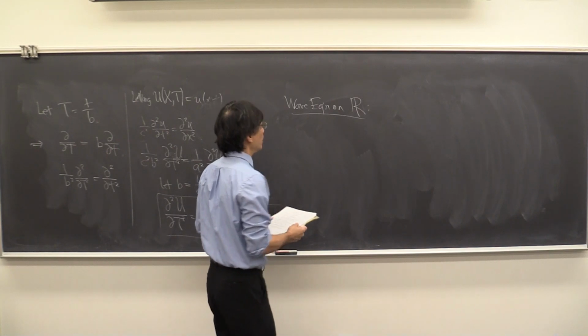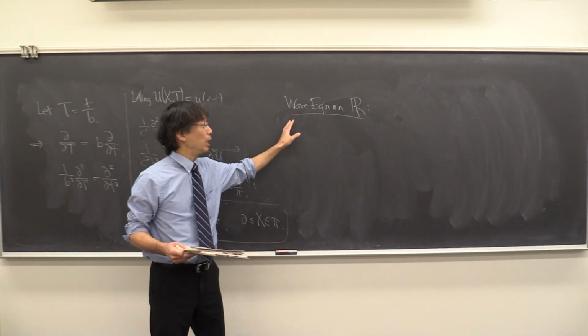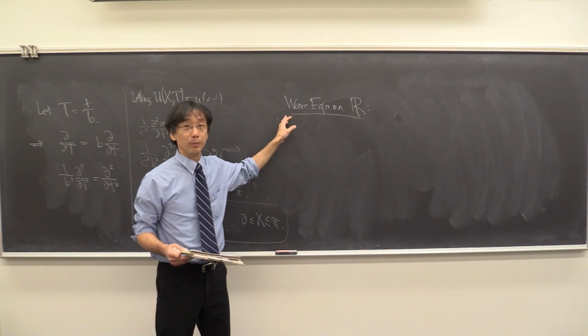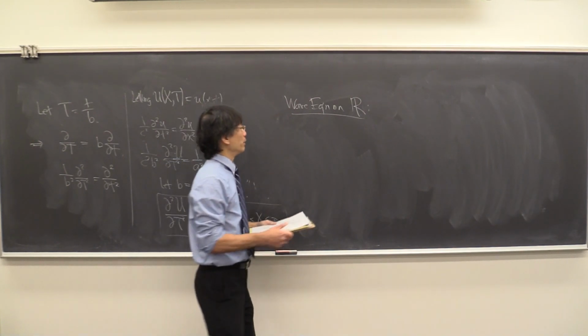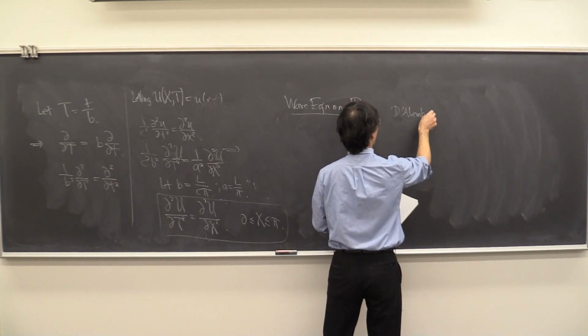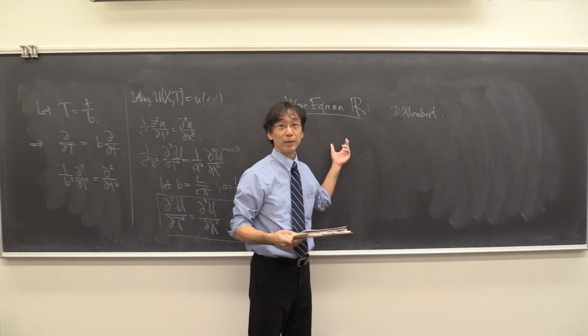So we're going to think about this in two different ways. The first way is not directly related to Fourier series. The first way is due to D'Alembert, and this is the method of so-called traveling waves.